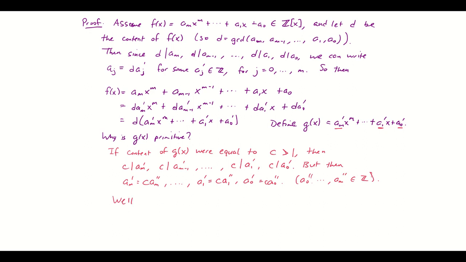Well then, that means that a_m was equal to d times a_m prime, which was equal to d times c times a_m double prime. And then a_{m-1} was equal to d times c times a_{m-1} double prime, etc. Each of the original coefficients is divisible by d times c.